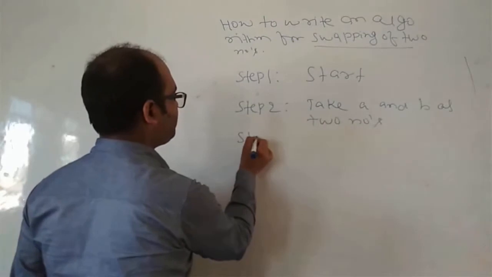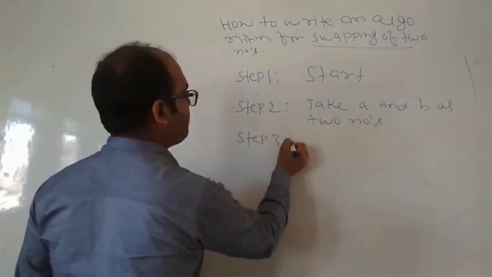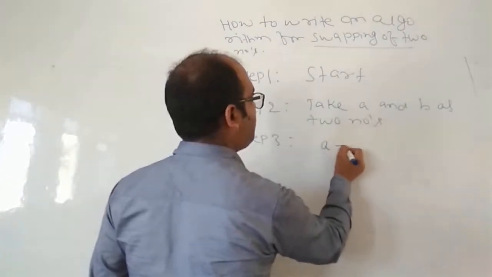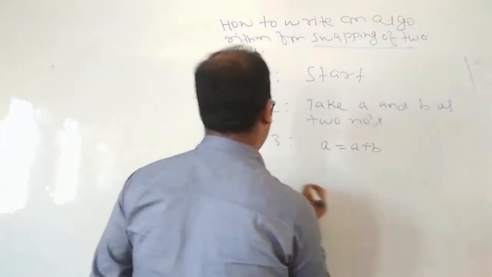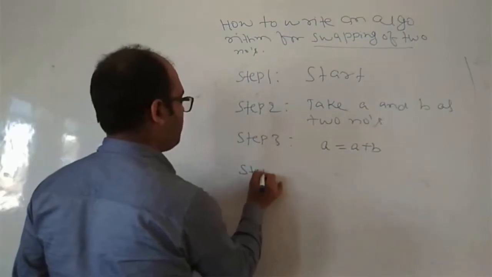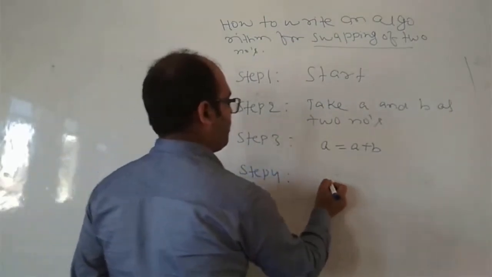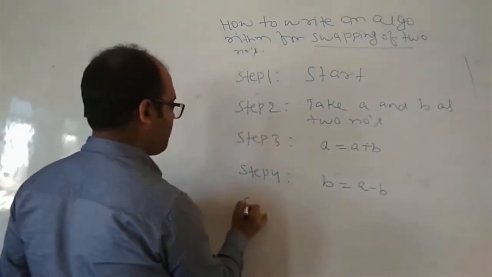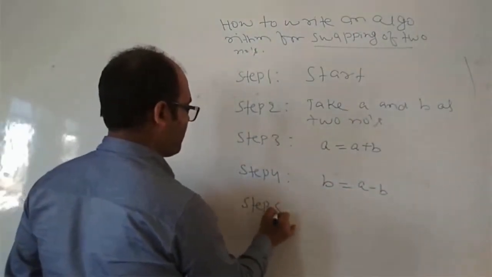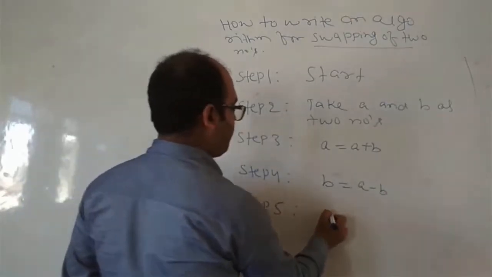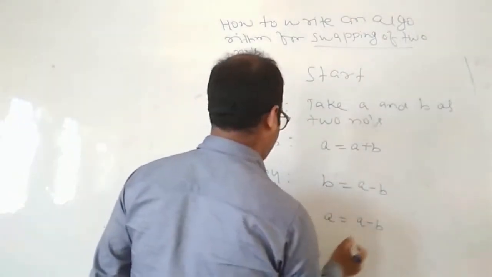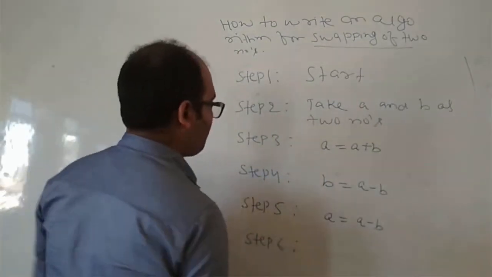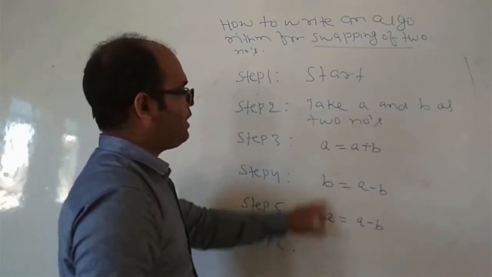Step 3, A equal to A plus B. In step 4, B equal to A minus B. Step 5, A equal to A minus B. Step 6, after this step your swapping is performed.